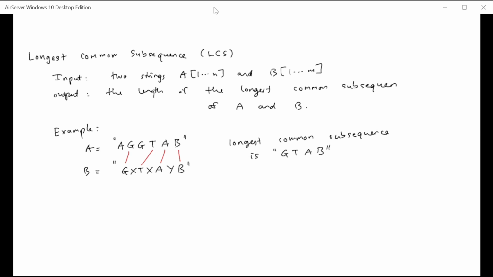So how do we approach this problem using dynamic programming, right? So the idea is pretty simple. We define the subproblem as follows.